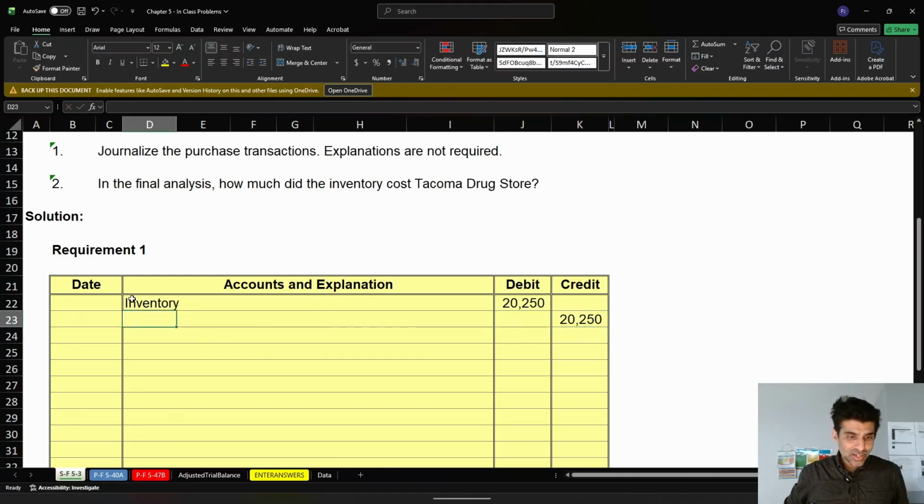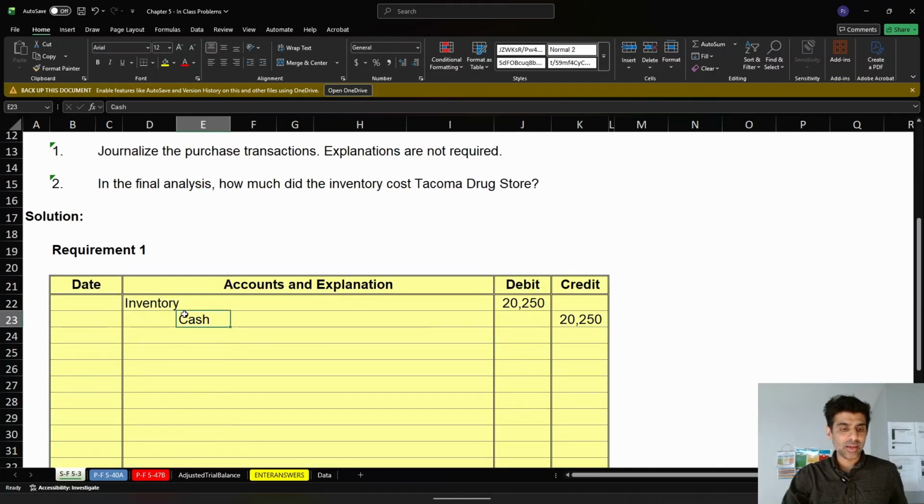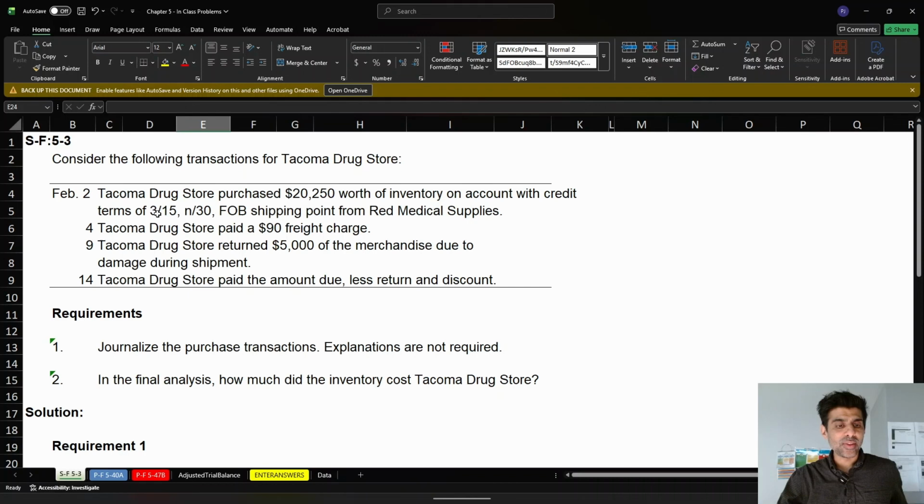Is it cash? No, but we see here that we're buying it with credit. So this is going to be our liability account called accounts payable. And we're also offered these credit terms. So if we had 15 days, what is the last day we could pay this off? What is the transaction date within which we'll get the discount?